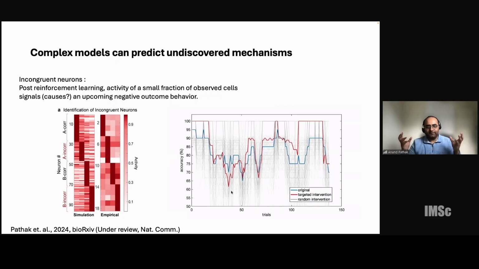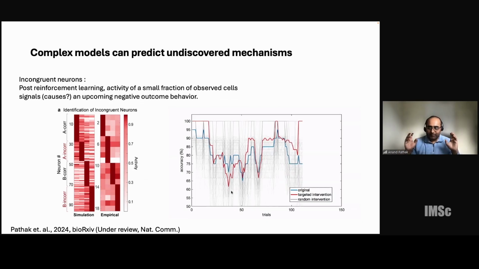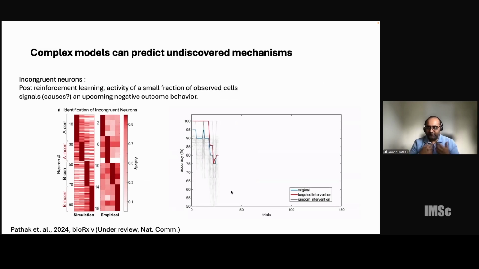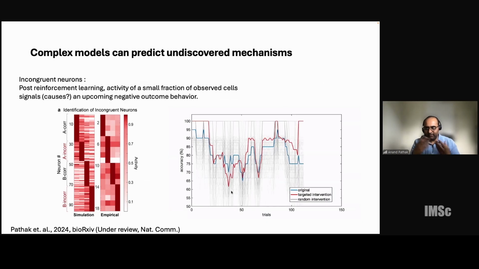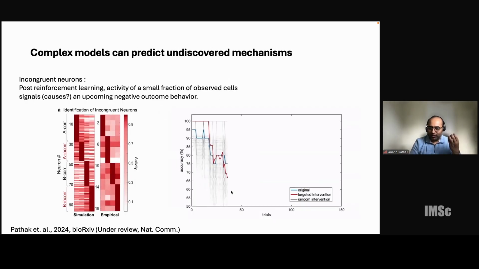So for example, if the rewards are flipped, if initially A is left and B is right, and then A becomes right and B becomes left, which means the environmental condition has changed, then the monkey needs to adapt to the new environment very fast, and there these ICNs will probably be helpful to always venture out of the correct behavior and change the behavior. So this was a discovery from the model, not just that it explained something. It actually discovered something which existed but we didn't know.